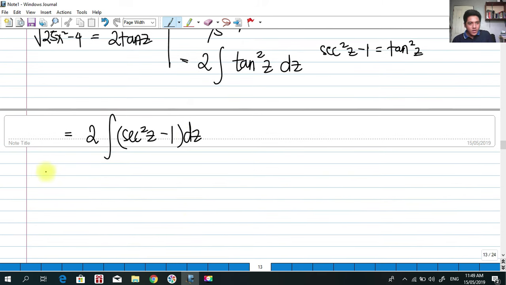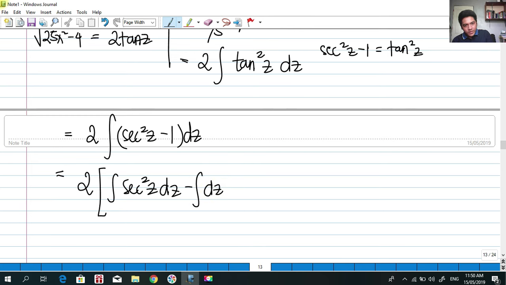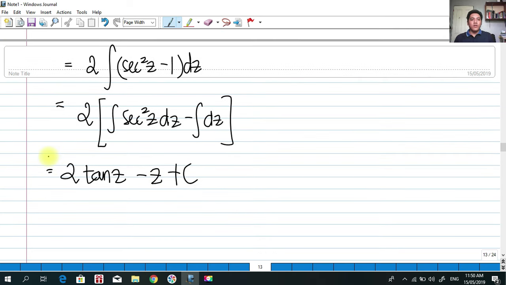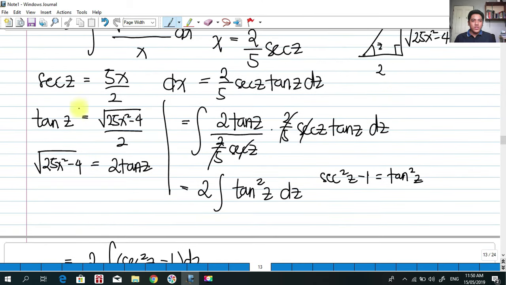Well, of course, we can integrate this independently. So integral of secant squared z dz minus dz simply. So integrating that, we have 2 times integral of secant squared is tangent of z minus integral of dz is simply z, plus c.